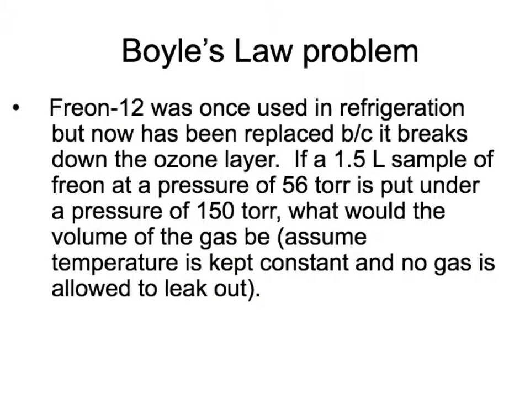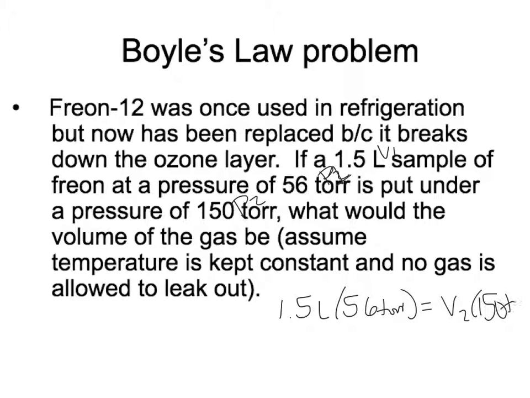So an example here, I'm going to take a 1.5 liter sample. That's our V1. Our 56 torr is P1. I'm going to go to P2, 150 torr, and we don't know V2. That's the question. Now the thing about this, along with Boyle's Law, is that as long as you have the same unit, you're fine.